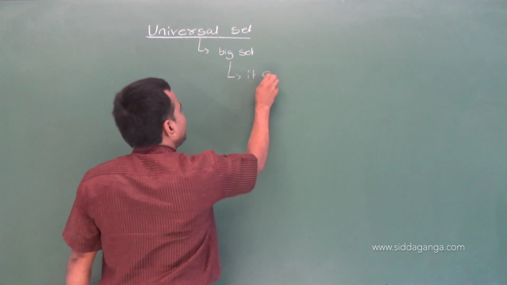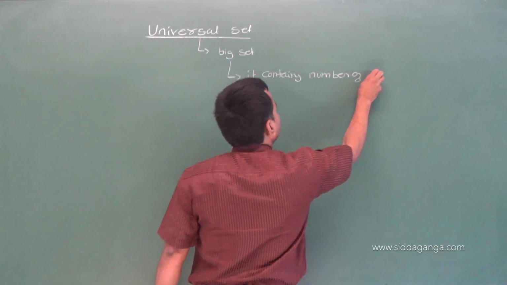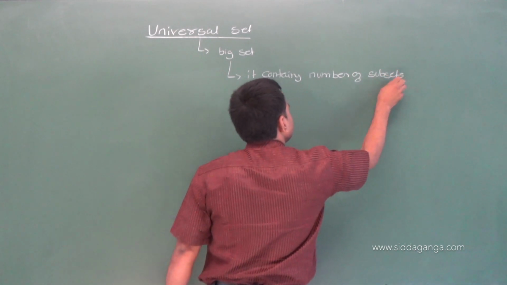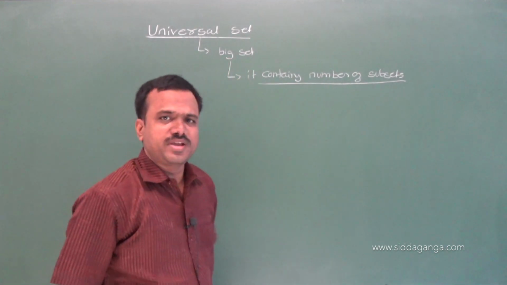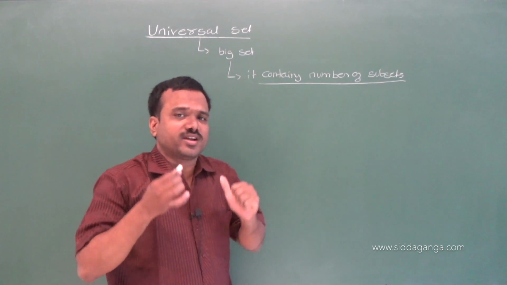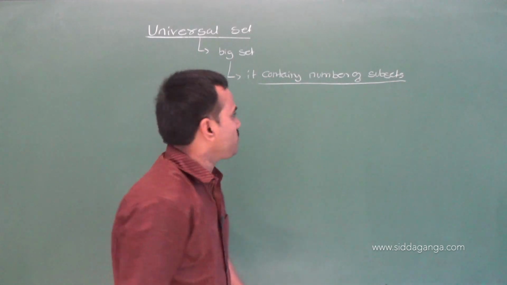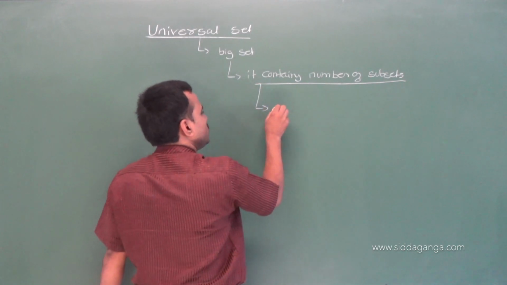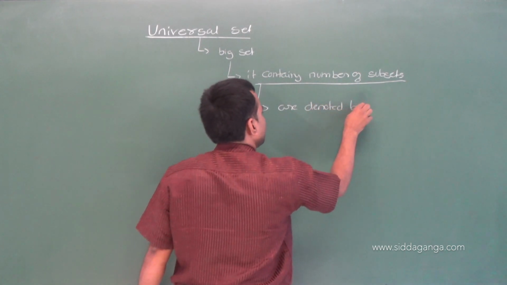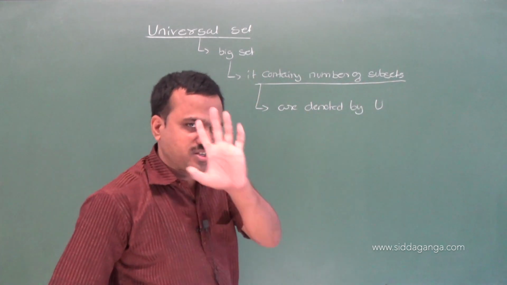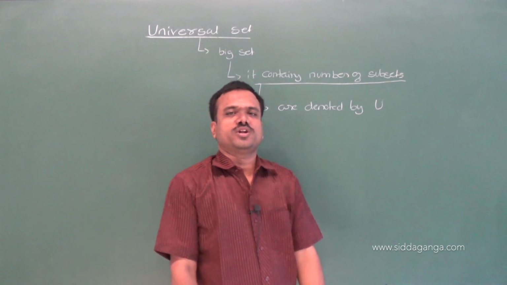Then it contains a number of subsets. Next, one more concept: universal sets are denoted by U. Always remember, universal sets are always denoted by U.